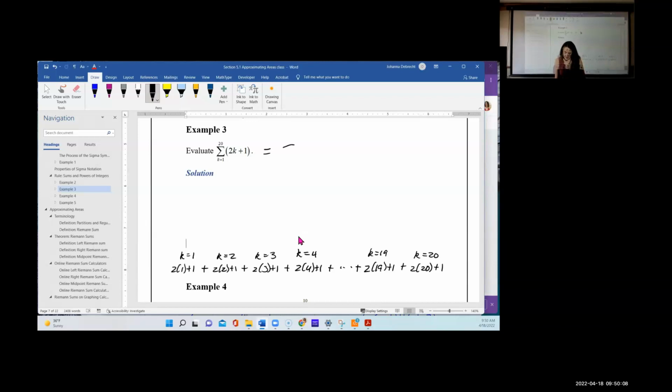So take a moment, split it up, apply the formulas. And then we'll compare answers. Once you get your answer, put your answer into the chat window and we'll compare answers.